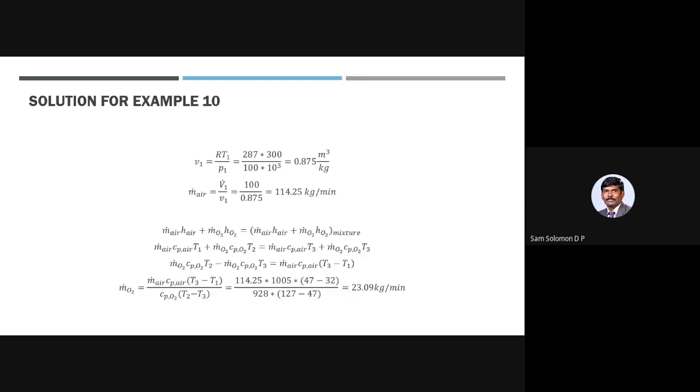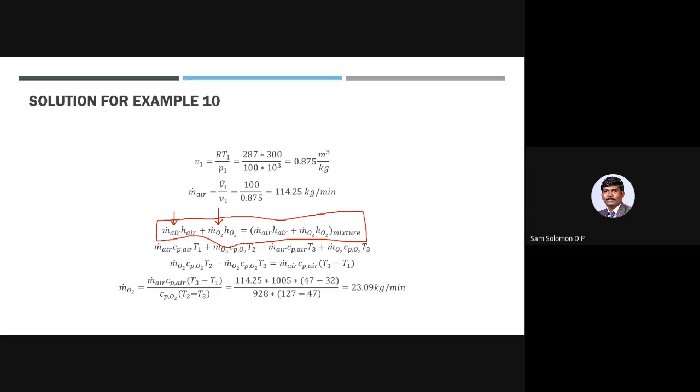A very simple relation that they have taken. Hope you are able to understand this. So in one stream, m dot air into h air, and this is m dot O2 into h O2. And now these two are mixing together. So they have simply taken this and put it inside the bracket for the mixture.